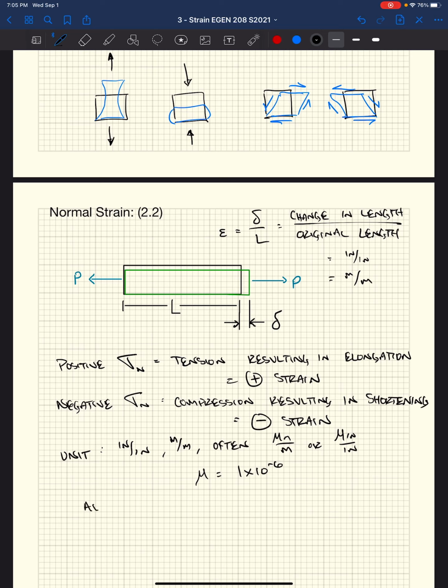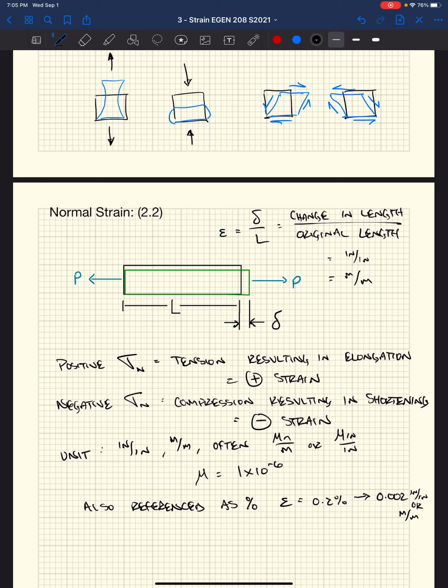Sometimes it's also referenced as a percentage. So if we had an epsilon or a strain equal to 0.2%, that is the same as saying 0.002 inches per inch or meters per meter.